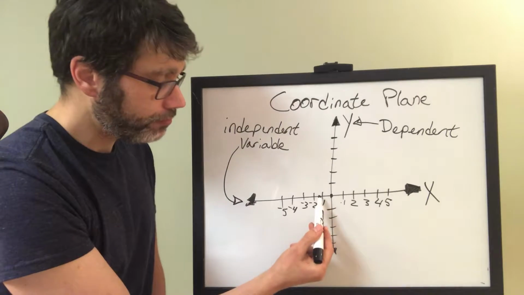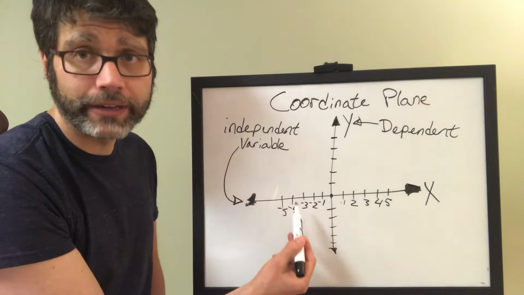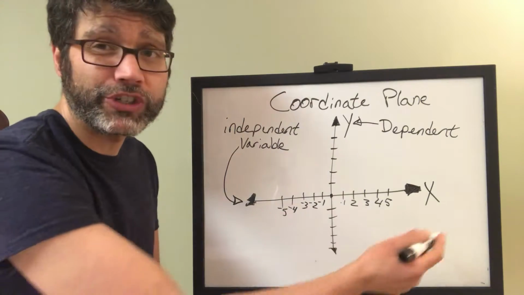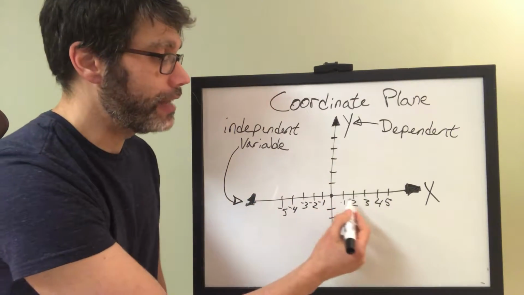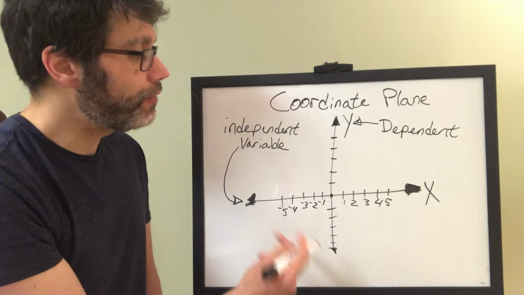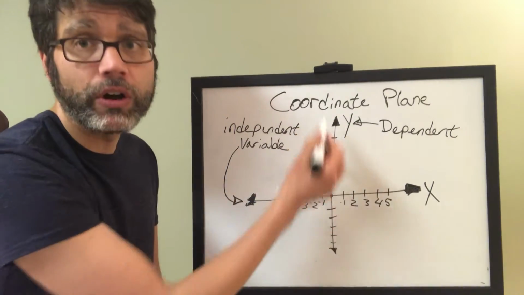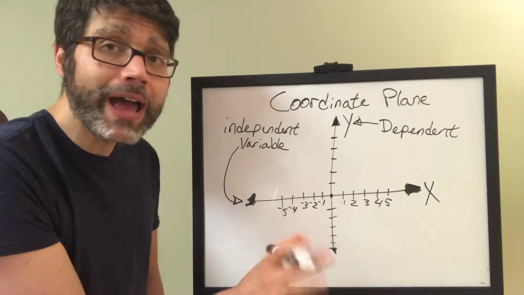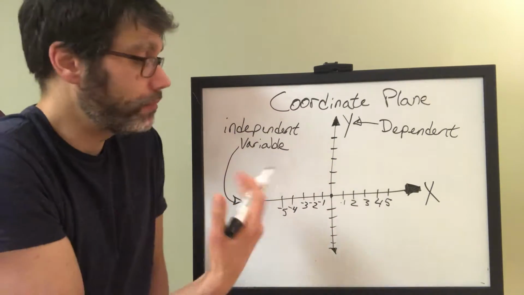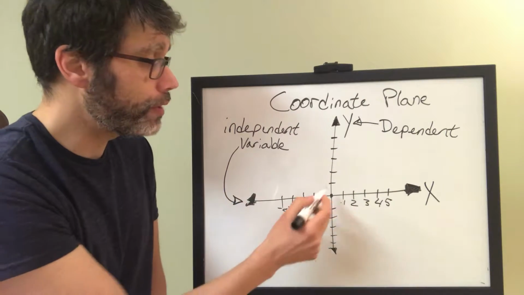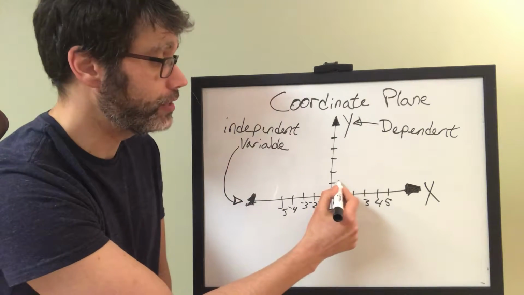By going by tick marks of 1 in each direction, okay? So that's called our scale. So we're going by a scale of 1. If we want, we could also go by a scale of 1 on the y or the vertical axis. We don't have to go by a scale of 1. It's just if we are trying to make a graph where we want to go up by ones, we can certainly do that.